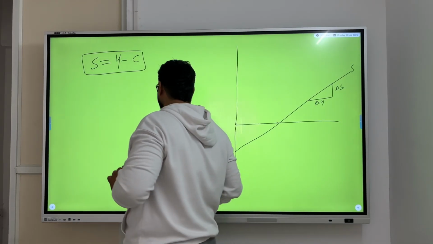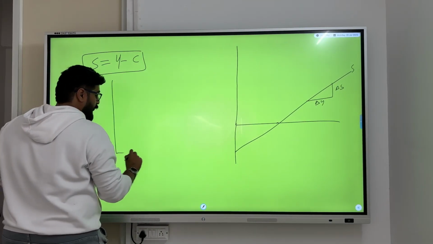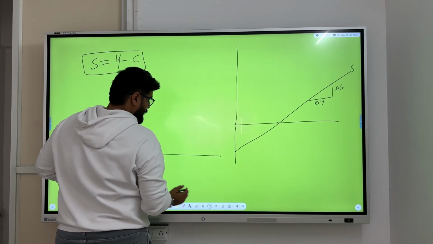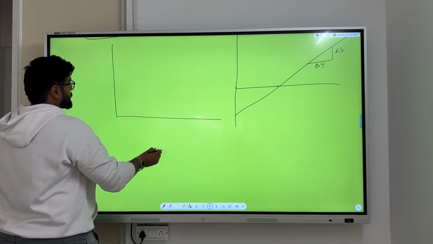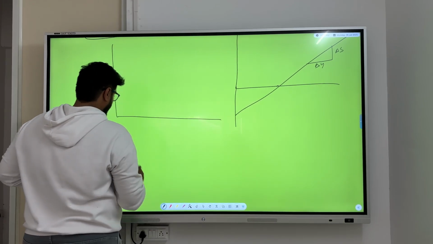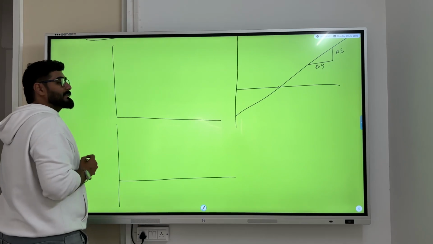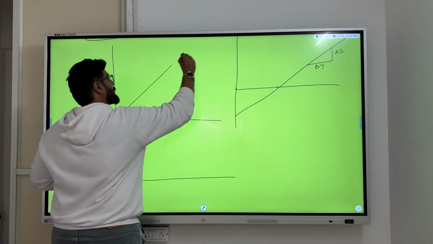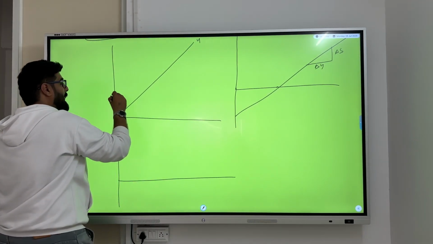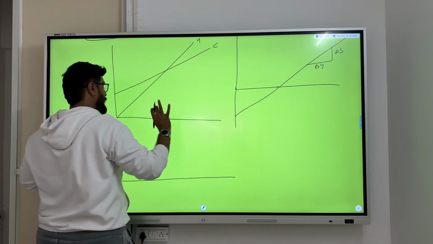Okay, now let us derive one curve for both together. That means derivation of consumption and saving curves both together. Now this is my income. My consumption starts from here.